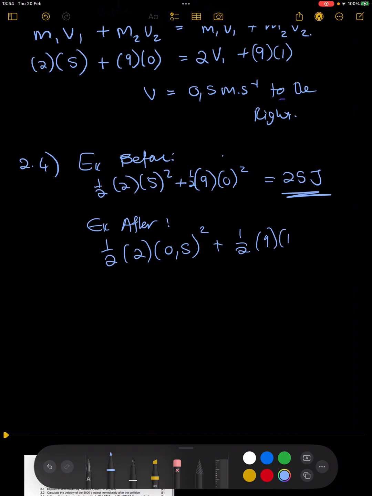And for the 9 kilogram block, they gave it to us as 1. So therefore, the final is 4,75 joules. So my kinetic energy before is not equal to my kinetic energy final, therefore it is not elastic.